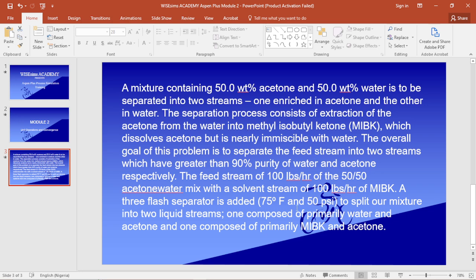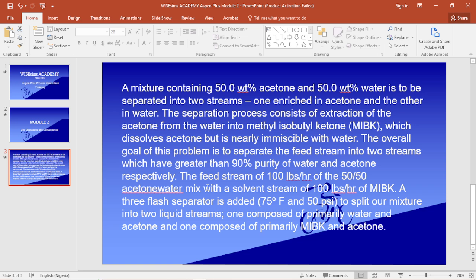The feed stream is 100 pounds per hour of 50-50 acetone water mixture, with a solvent stream of 100 pounds per hour of MIBK.